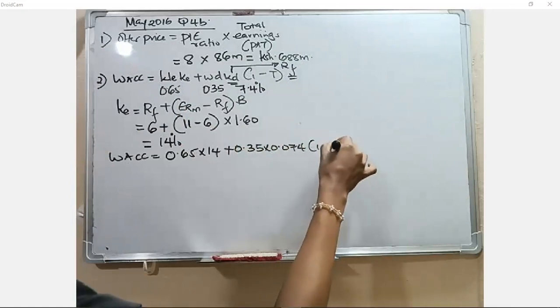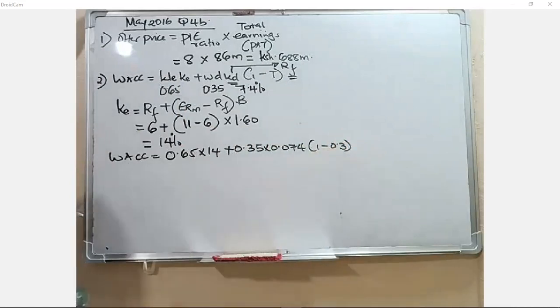Then we adjust for taxes. So it will be 0.35 times 0.074, times 0.7, which is 1 minus 0.3. Then we add, open your brackets, 0.65 times 14, close your brackets. And you're going to be getting 9.11. Is it okay? Let me repeat again.